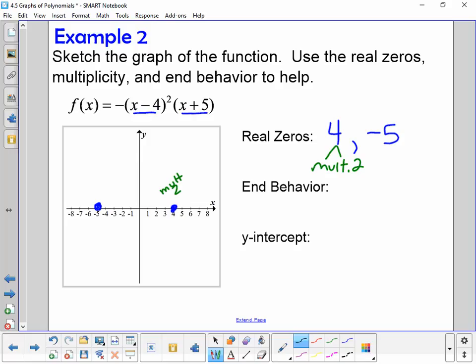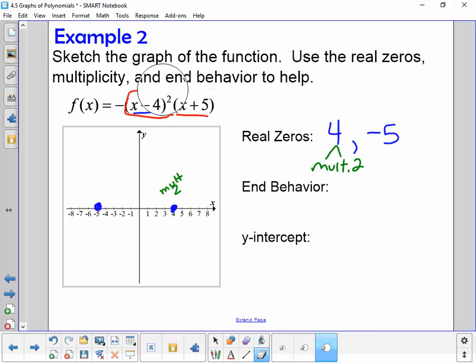The end behavior of the function, I need to think about, is this function an odd function or an even function? Well, negative x minus 4 squared times x plus 5. It's got 2 factors of x minus 4 and 1 factor of x plus 5.